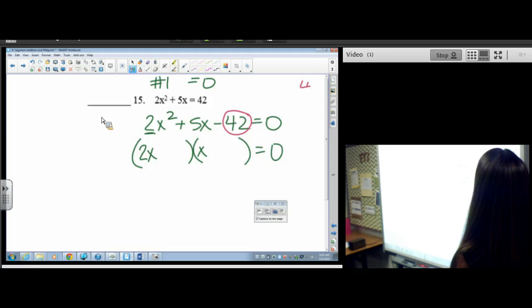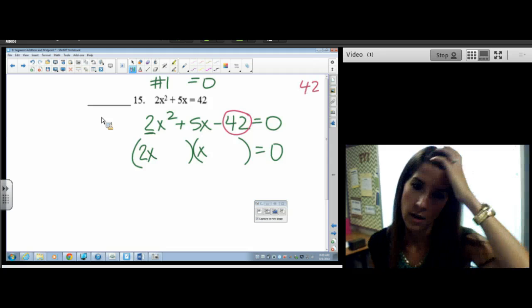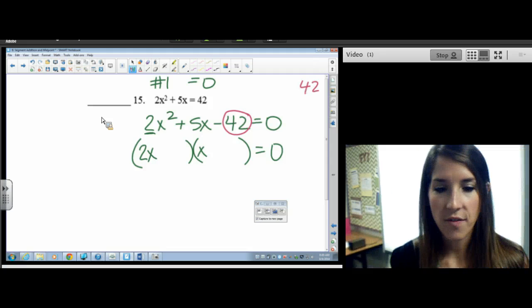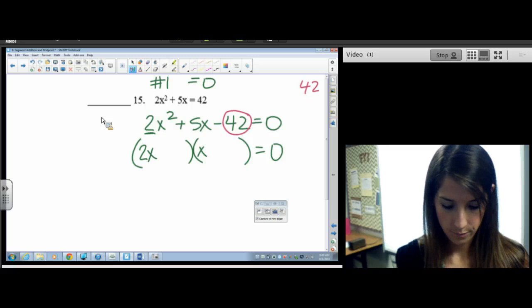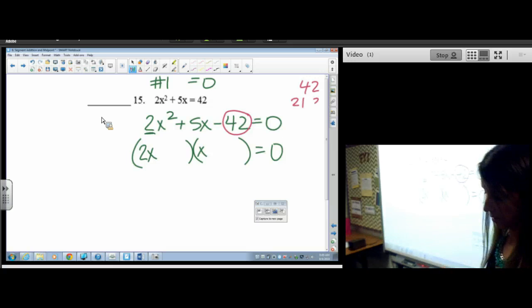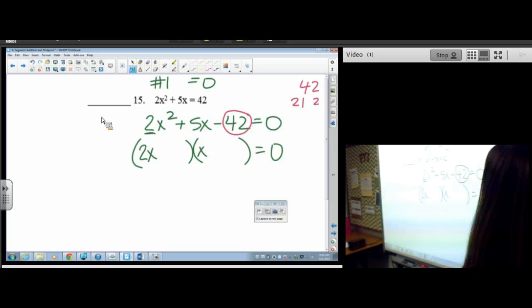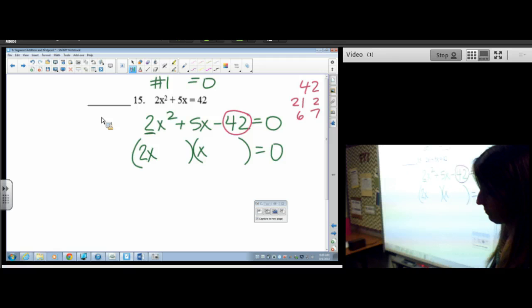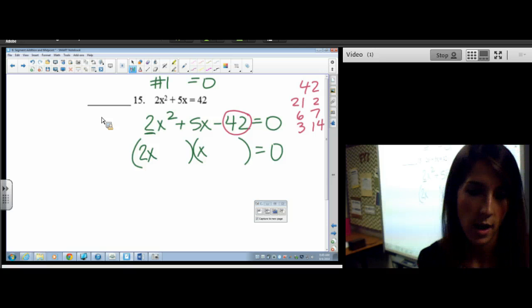We take our constant, our number, and we think about what the factors are of 42. So we've got 21 and 2. We've got 6 and 7. What else do we have? 3 and 14, 42 and 1, right?